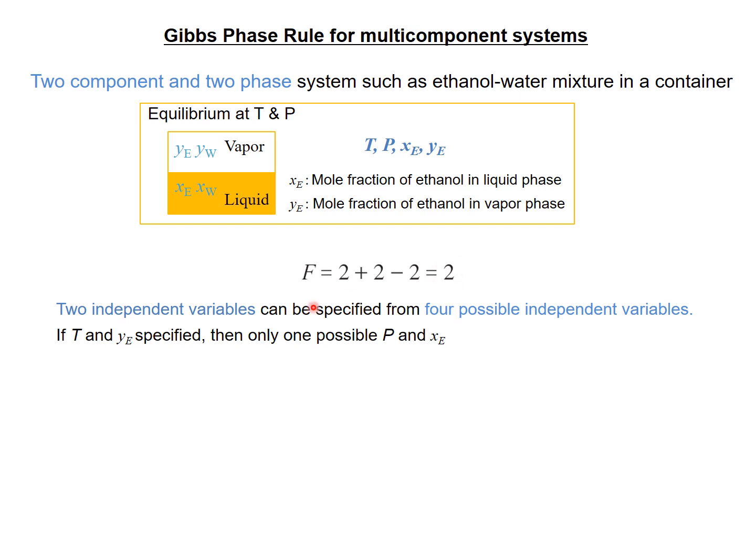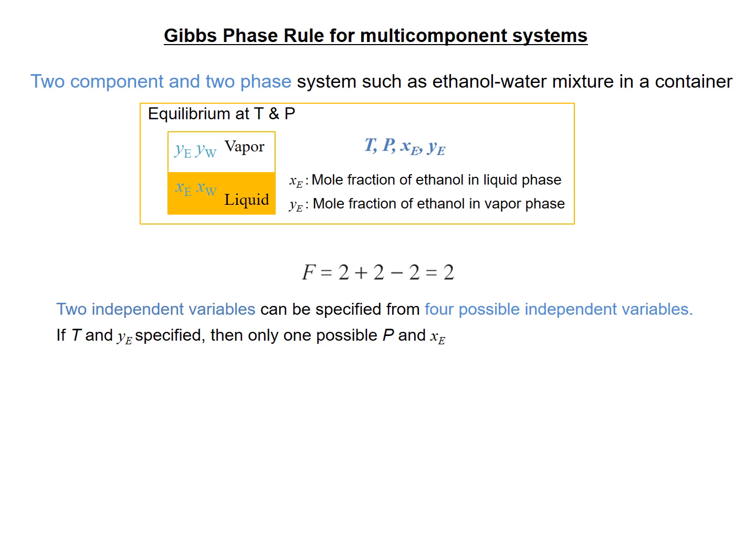It means 2 independent variables can be specified from 4 possible independent variables. That is to say, if you have specified temperature and the vapor composition of ethanol, then pressure and the composition of ethanol in liquid are fixed.